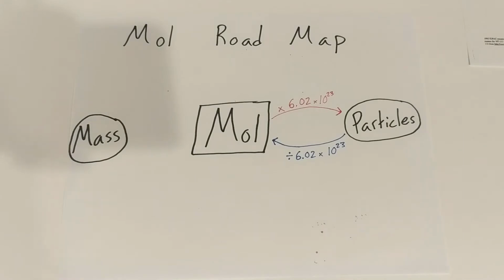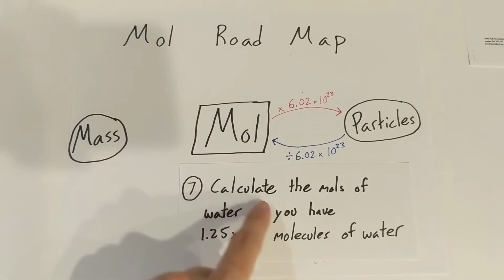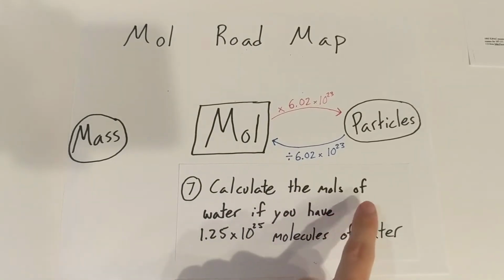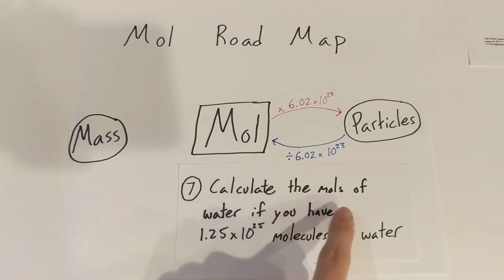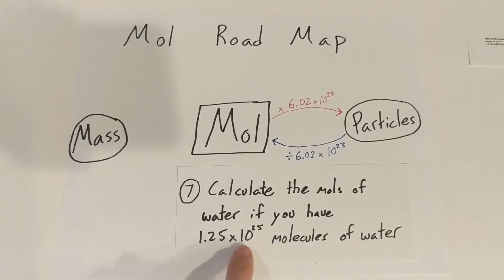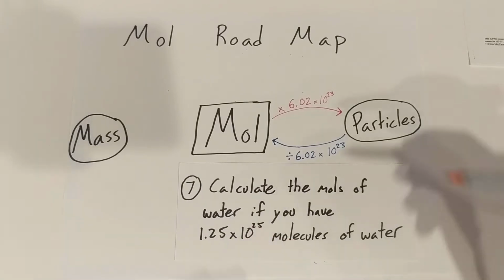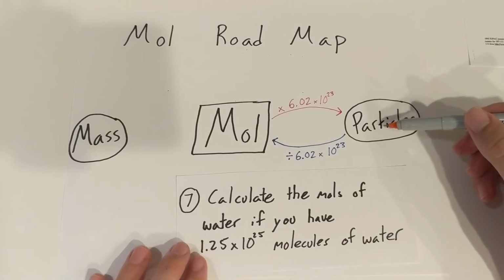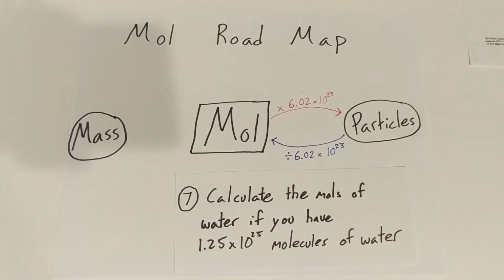Let's say we wanted to go the other way. So in number 7, it says calculate the moles of water if you have 1.25 times 10 to the 25 molecules of water. So this one we're starting at particles and we're going to moles.